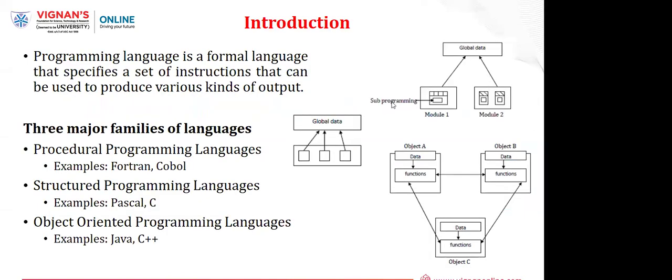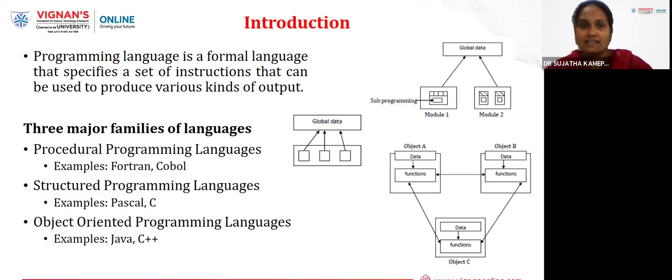Now, coming to our subject, first we are going to know what the major families of languages are. Here we are going to know about one language, Java, right? This is also one of the programming languages. Java is one of the programming languages. Here, object-oriented is not a language.